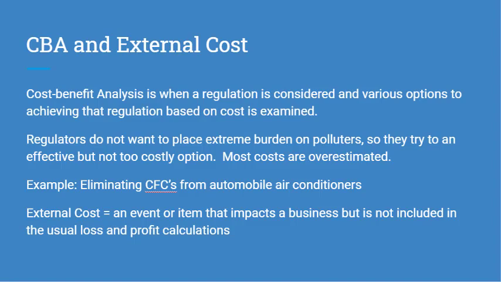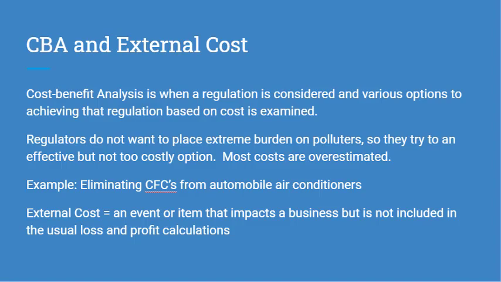The example in your book was eliminating CFCs from automobile air conditioners. They said the overall cost to eliminate that from automobile air conditioners would be possibly up to a couple thousand dollars. In actuality, it was anywhere from $40 to less than $400. So there was a very large overestimation of cost.